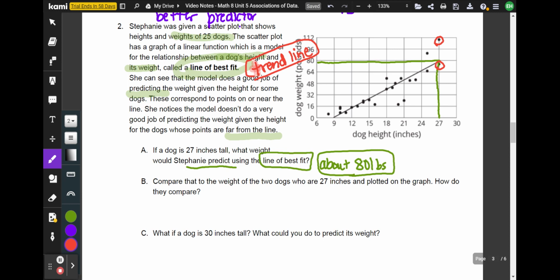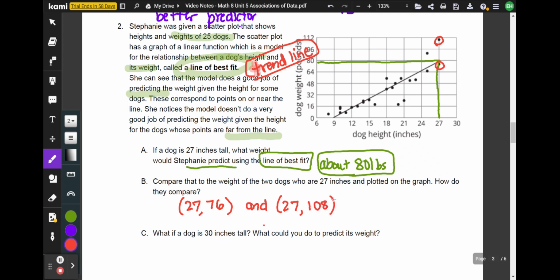All right. B, compare that to the weight and height of the two dogs who are 27 inches. We have a dog who's 27 inches, and he is about 76 pounds. But then we also have a dog who's 27 inches tall, but he's weighing almost 112 pounds.